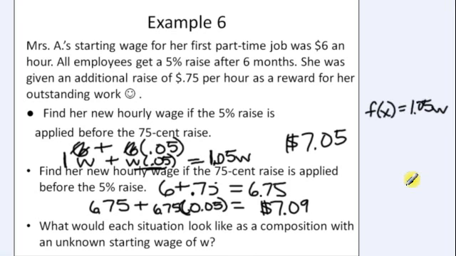Then let's let g of x represent the 75-cent raise. So then g of x, whoops, actually, I should have this be W because I'm using W for the starting wage. So let's say g of W is our initial wage plus the 75 cents.